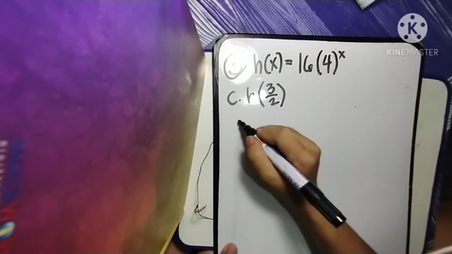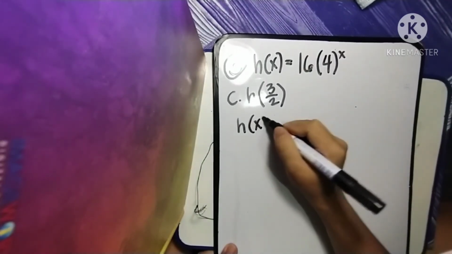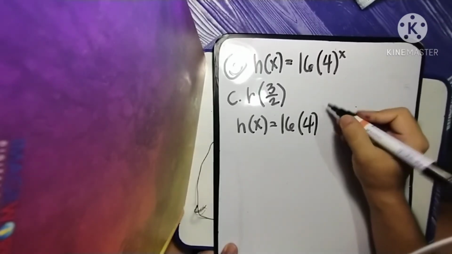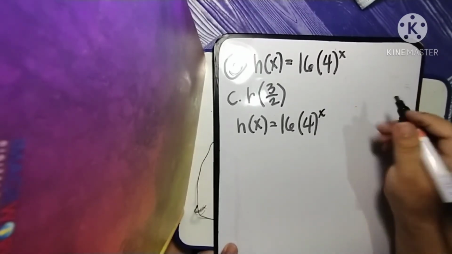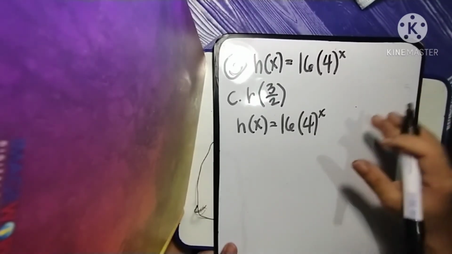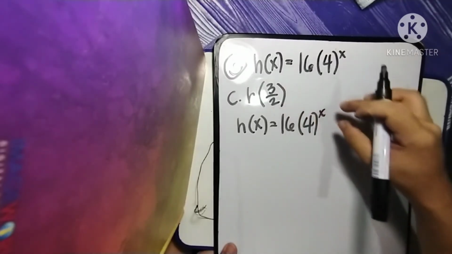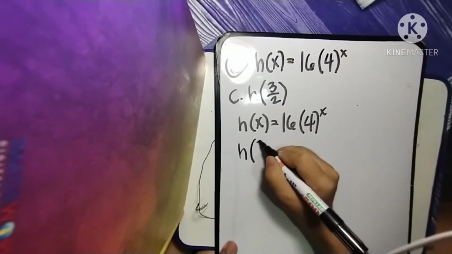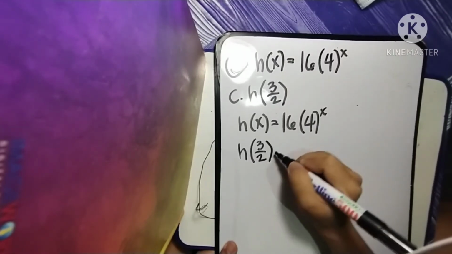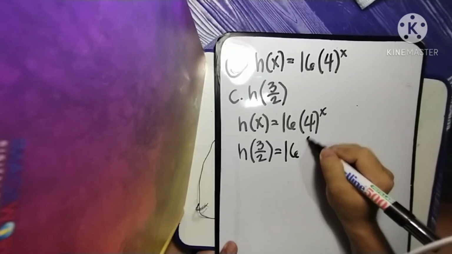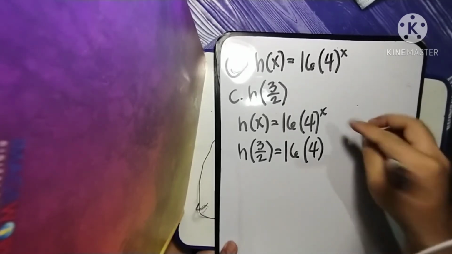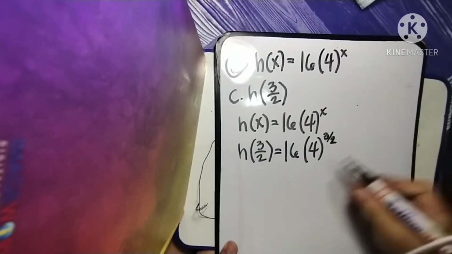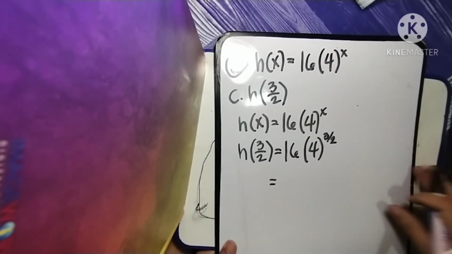So copy, this is h of x is equal to 16 times 4 to the power of x. Then substitute x to the given function. So this is h of 3 halves is equal to 16 times 4 to the power of 3 halves. Okay, then apply the PEMDAS rule.